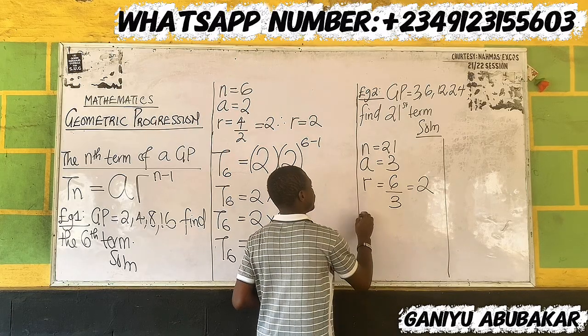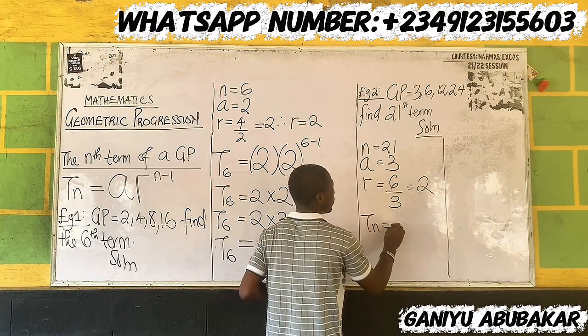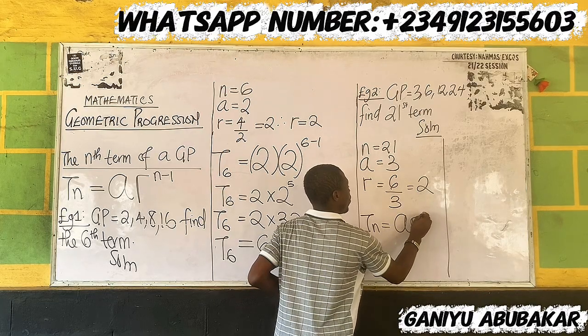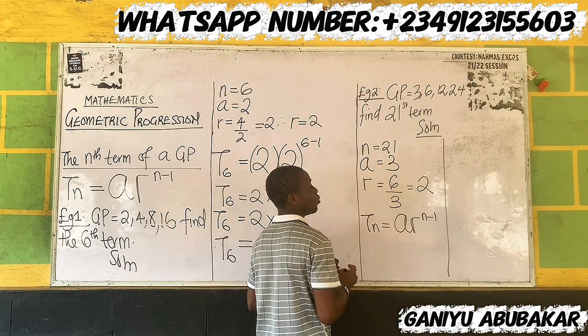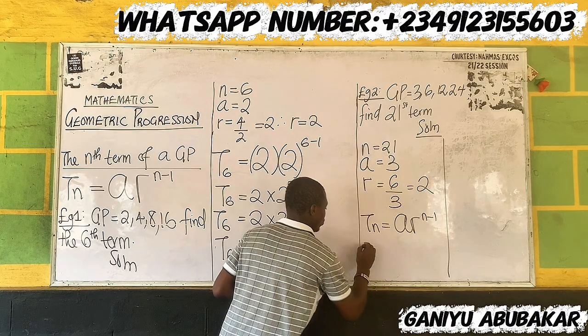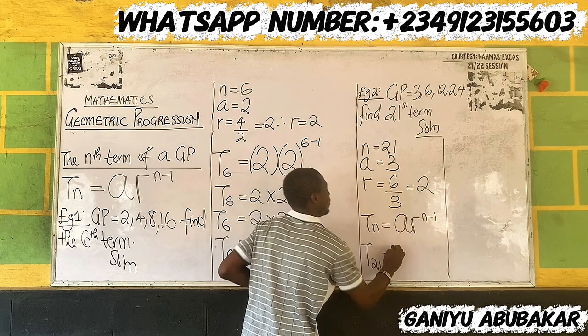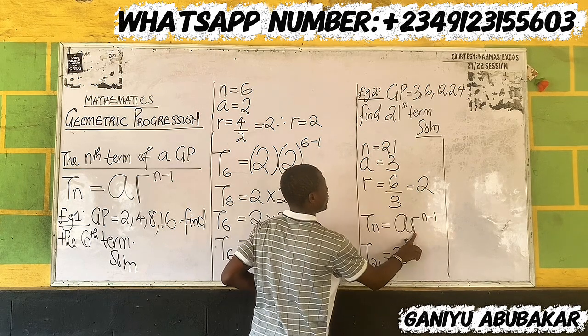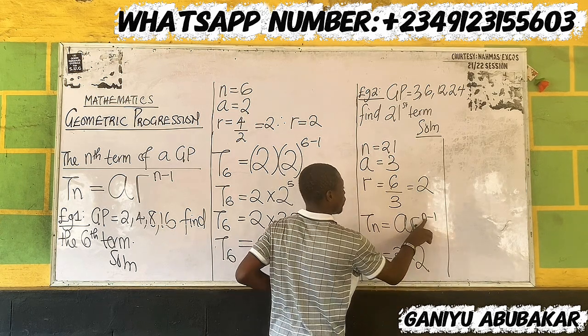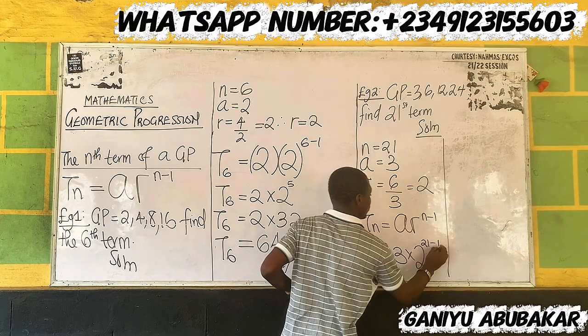To get the nth term, Tn equals what there? AR to the power of n minus 1. That's the expression for GP. So in this case, my n signifies 21. So T21 is equal to A, that's 3, multiplied by R, that's 2, to the power of n minus 1, that's 21 minus 1.